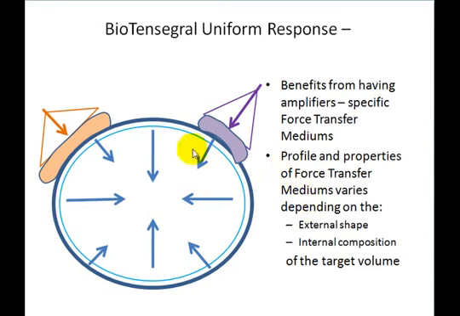So that's why the usage of the force transfer mediums is important, and they would vary depending on the external shape or the internal composition of the structure, the target, or of the volume that we target.